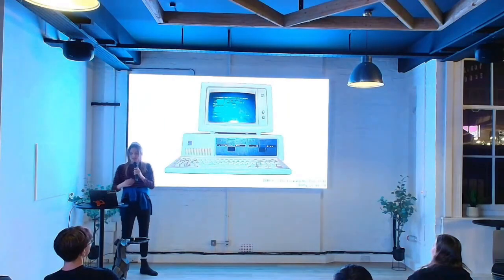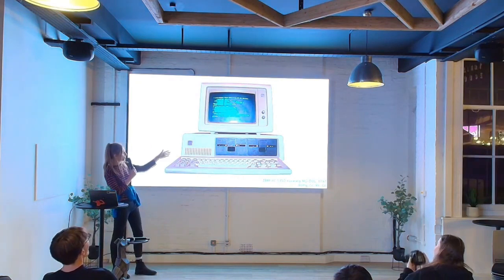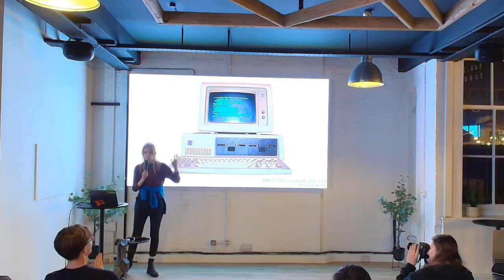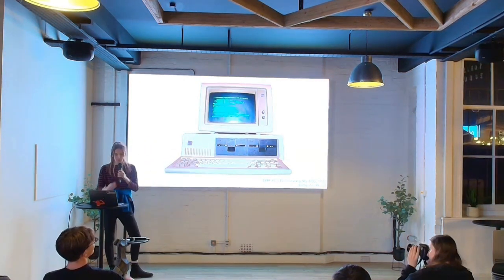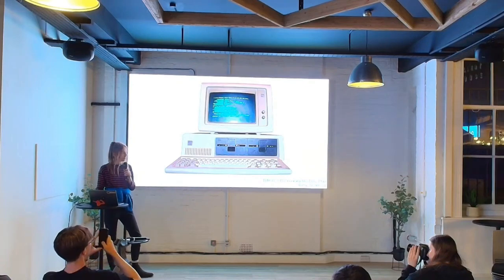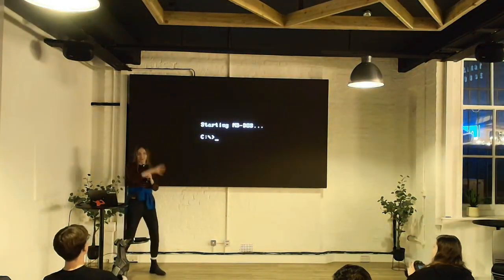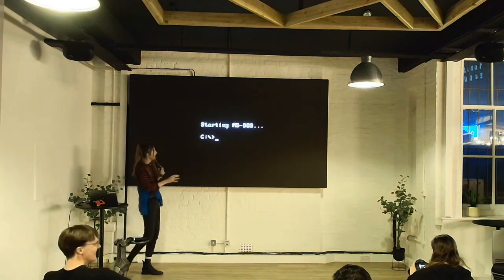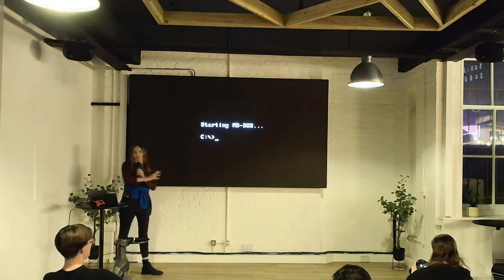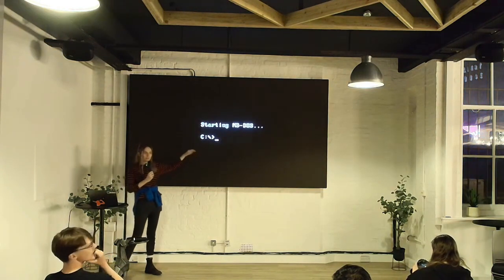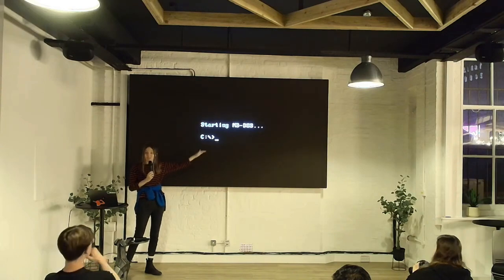So this was the most popular computer 44 years ago, right? And you may notice some things about it. The main thing is the way you use it: by typing into it. You type into this little chat box.